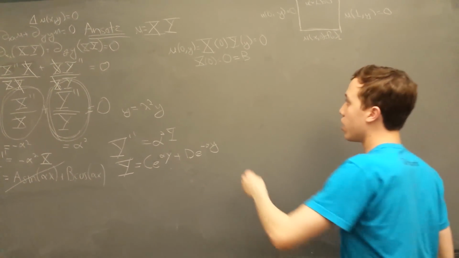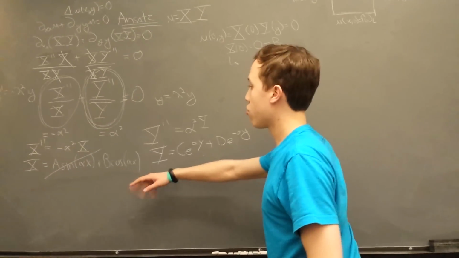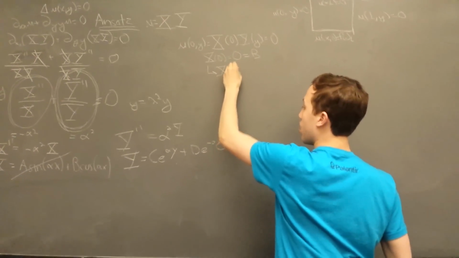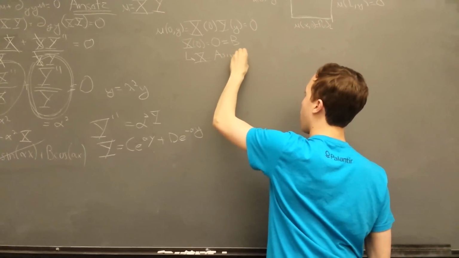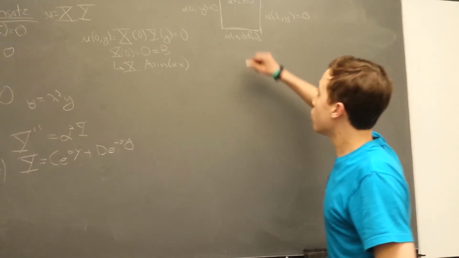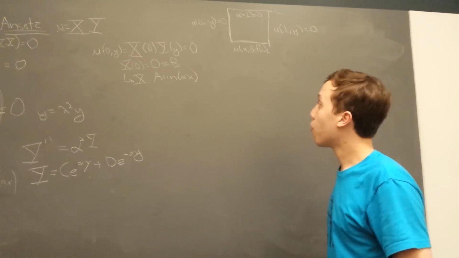From this we can conclude, because b is equal to 0, this term will vanish and we're left with big X equals a sine alpha x. Okay, so we've used this boundary condition here to solve for a meaningful conclusion.